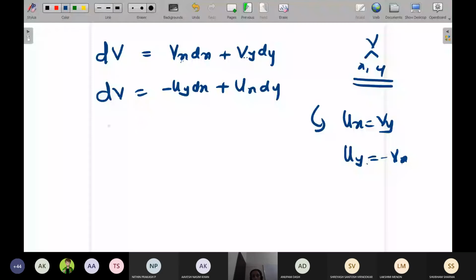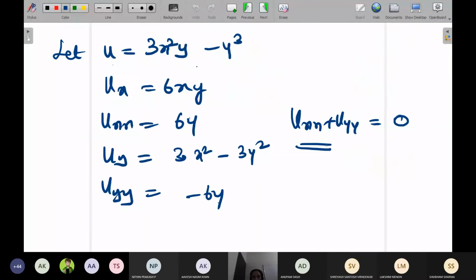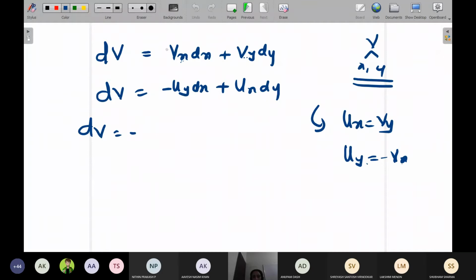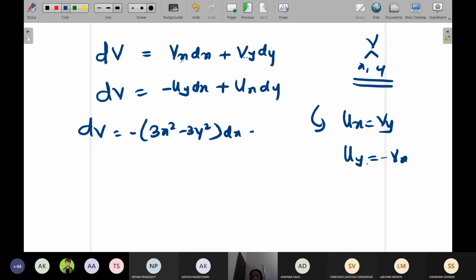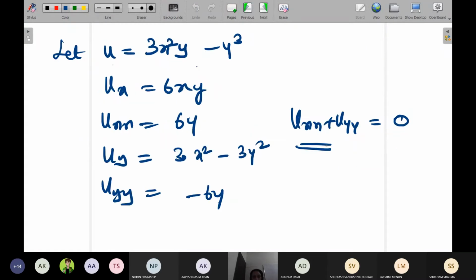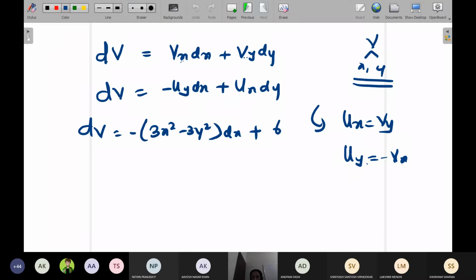Now you know the value of uy. Uy is 3x square minus 3y square, so minus of 3x square minus 3y square into dx plus, what is your ux? Ux is 6xy into dy. Now what we want? We want v. So integrate it.